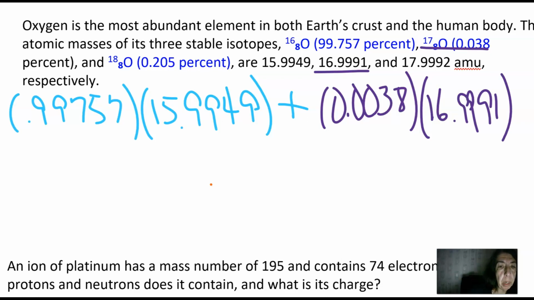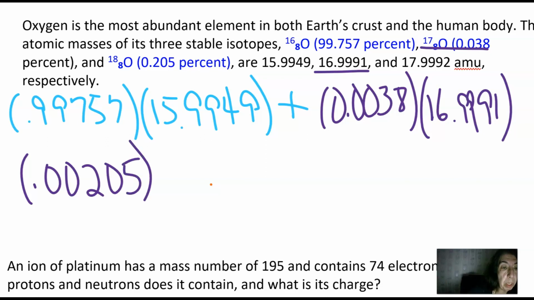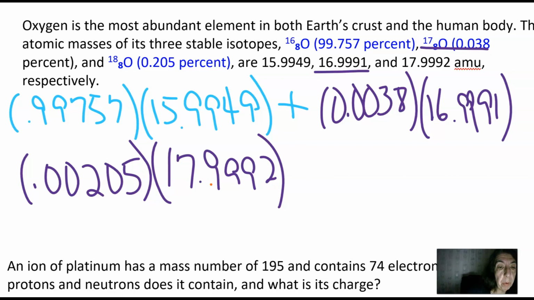And then the last one is oxygen 18, which is 0.00205 times its weight, which was 17.9992. And if you put that together, you will get the atomic weight of oxygen.